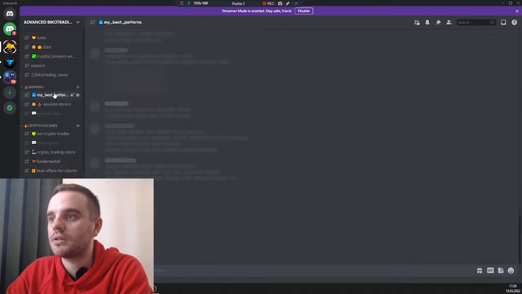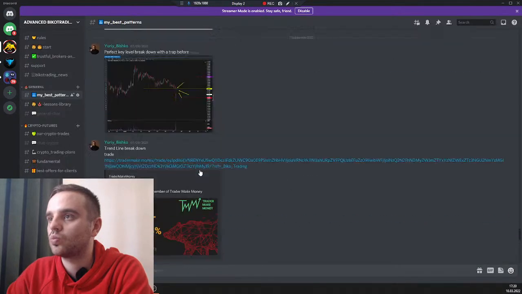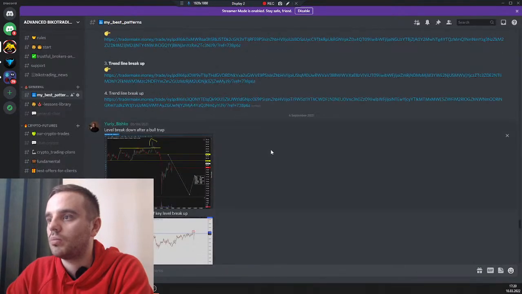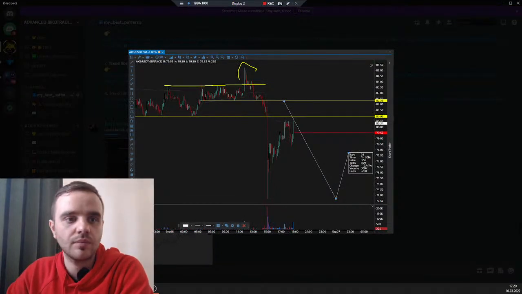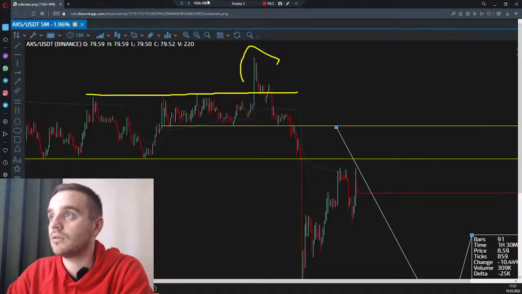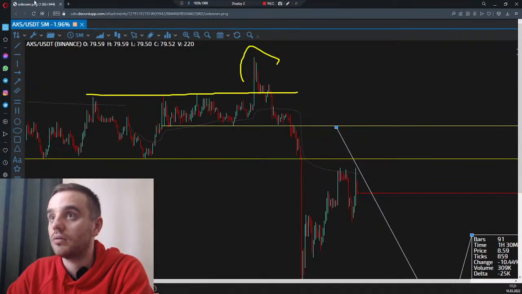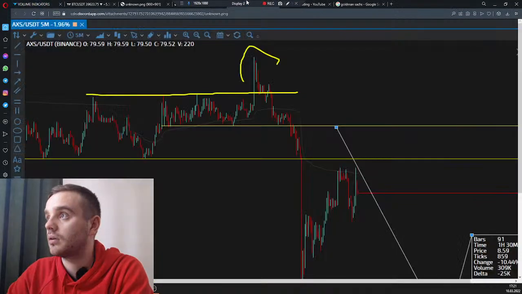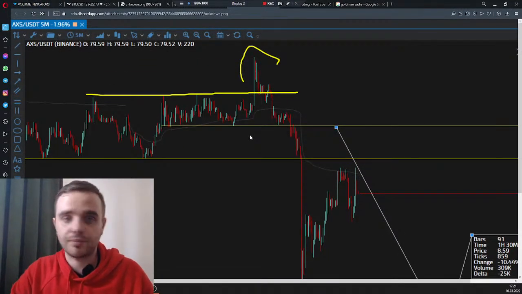My best pattern is here, on Axie Infinity. This pattern, have a look. Have a look at this example, Axie Infinity.